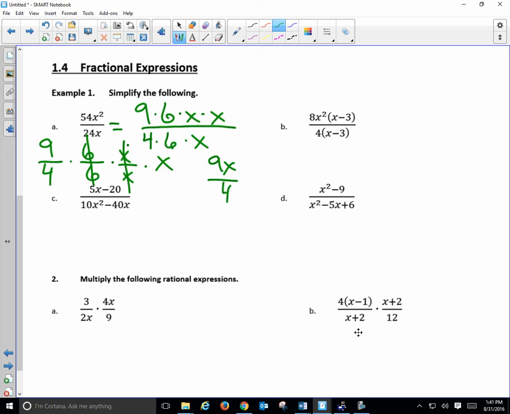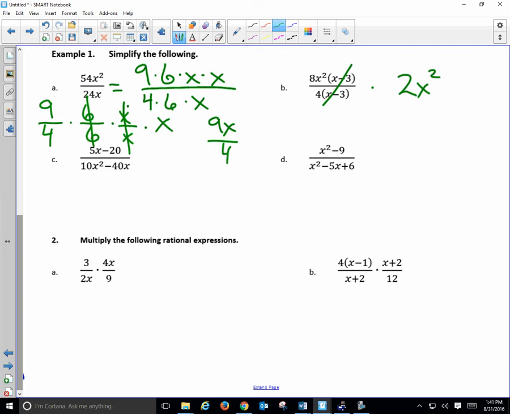You can also have terms that are binomials that cancel as long as it's written by factors and multiplications. Then we reduce 8x squared over 4, get 2x squared. But if you get too careless, all of a sudden you see letter C and you just start crossing off x's, right? And get your fingers cut off. So don't do that.